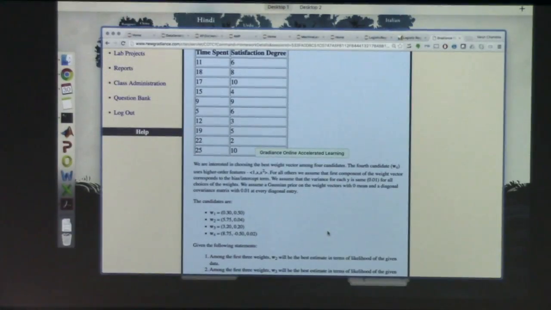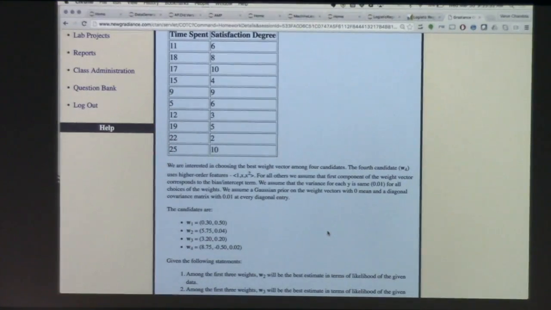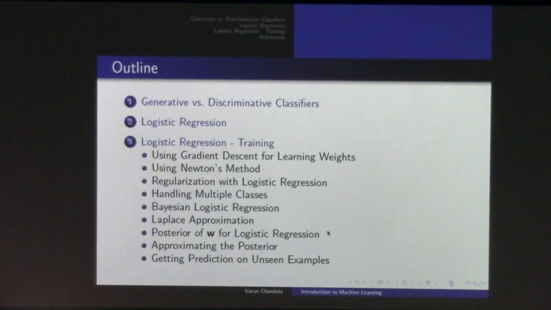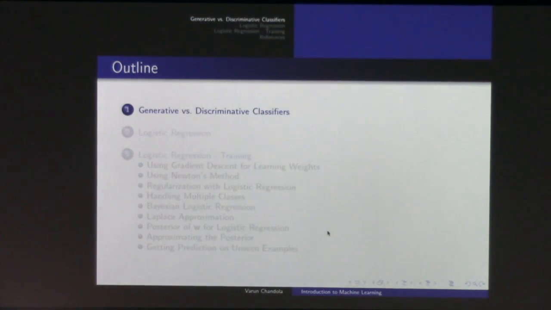Which is logistic regression. We were looking at it last time. The way we started was this discussion about how logistic regression is different from some of the other classifiers like LDA or QDA or naive Bayes classification. The difference is that it is what we call a discriminative classifier and not a generative classifier, and we have talked about it.